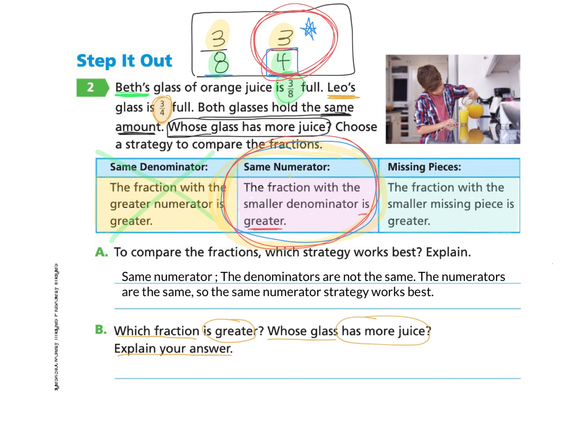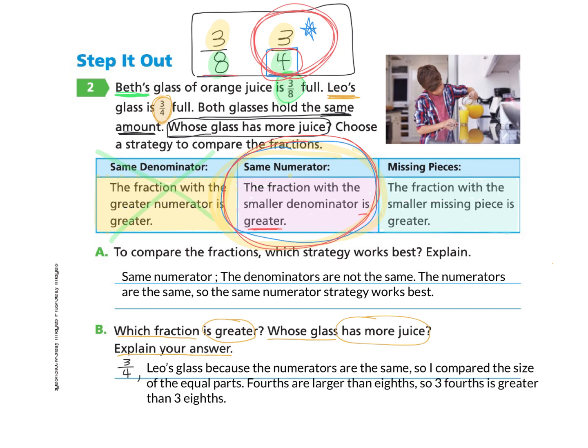And we know that 4 is smaller than 8. So we can answer that 3/4 is greater. Leo's glass is greater because the numerators in these two are the same. So we compared the size of the equal parts, which is the denominator. And because we know that the smaller denominator is greater, the fourths are larger than eighths, so the 3/4 is greater than 3/8. As always, you are welcome to go back and rewatch this video, and you can pause along the way at any time as needed.